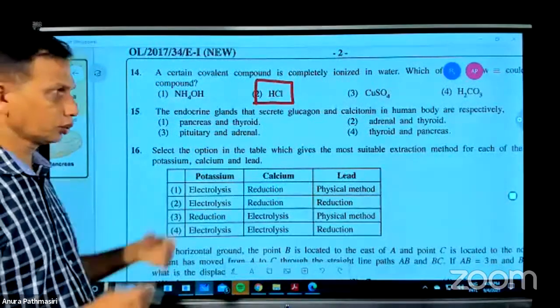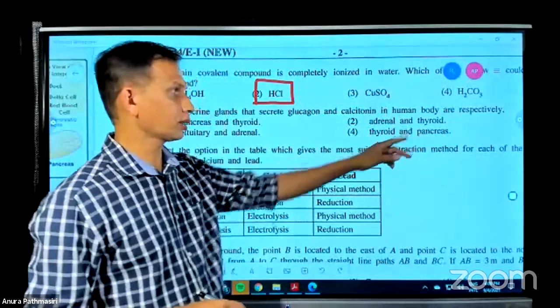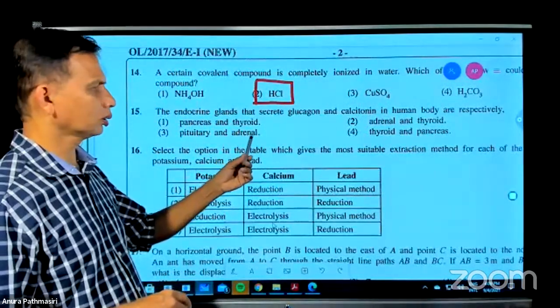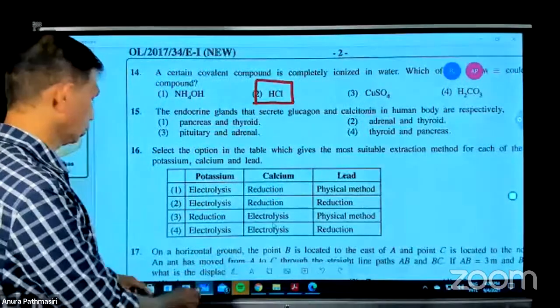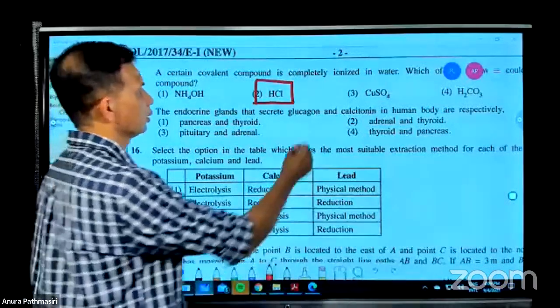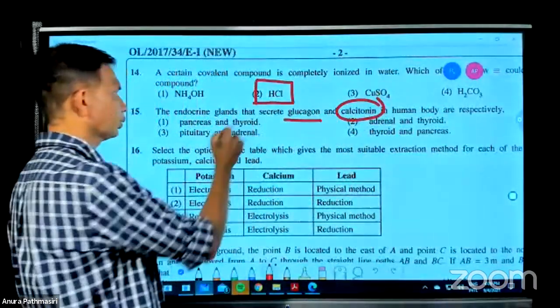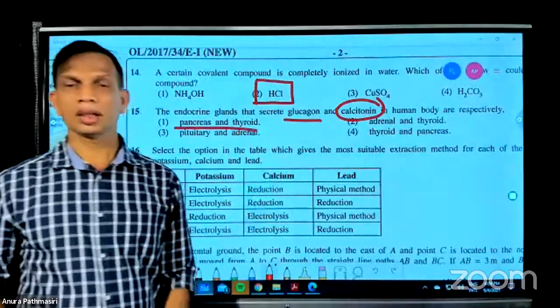Pituitary and adrenal you have to avoid. Thyroid and pancreas. First, you want to know the first answer. That's glucagon. Then the calcitonin is from the thyroid gland. So the correct answer is pancreas and thyroid glands.